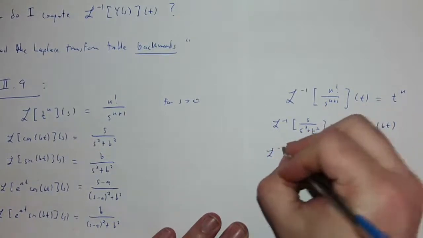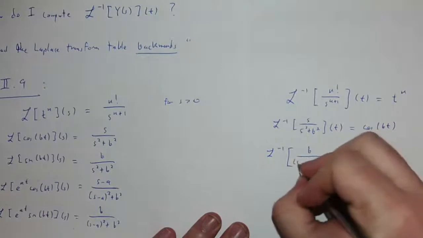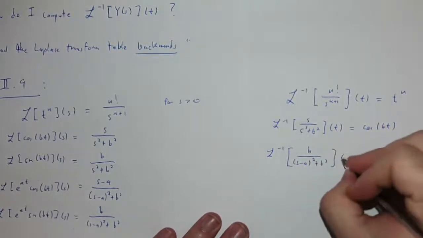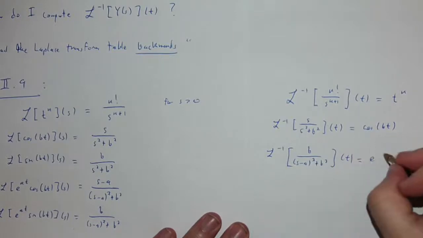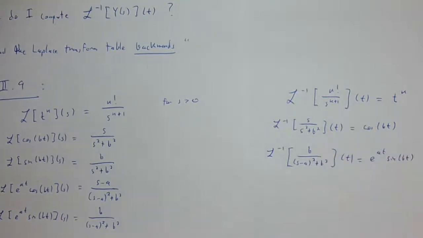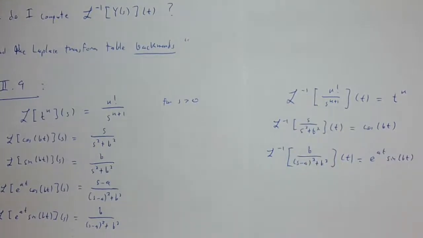The inverse Laplace transform of, say, b over (s minus a) squared plus b squared, of t, is equal to e to the at sine of bt. So this is what I mean by reading backwards. This is how to write the inverse Laplace transform.